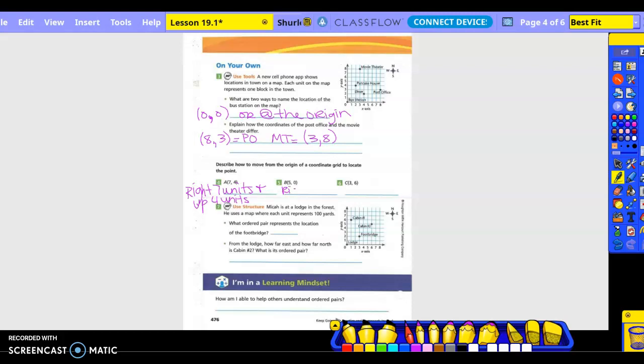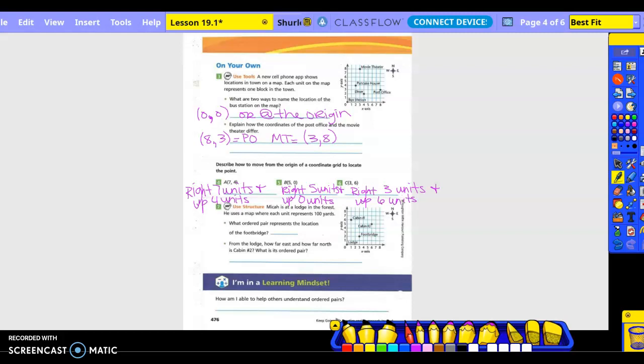So right 5 units, and what? And up 0 units. Okay, next one. Right. And this is all coming from where? The origin, right? We start in the very corner. So right 3 units, and up 6 units.